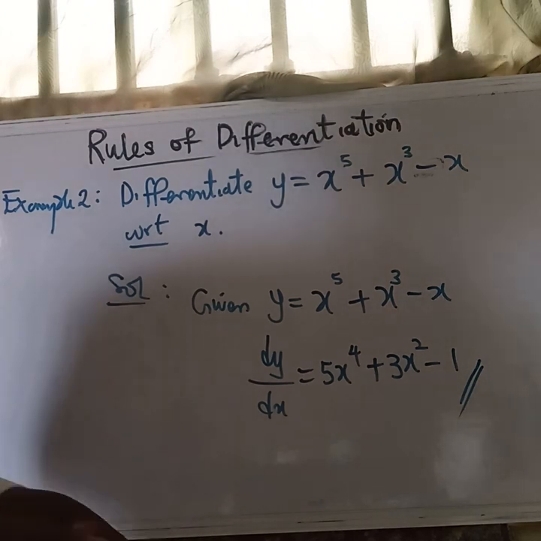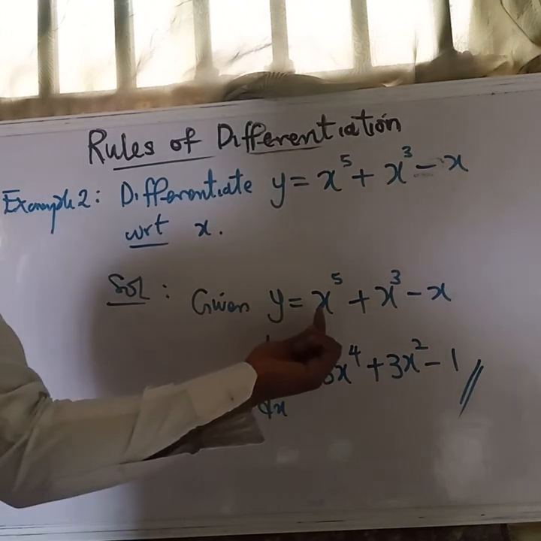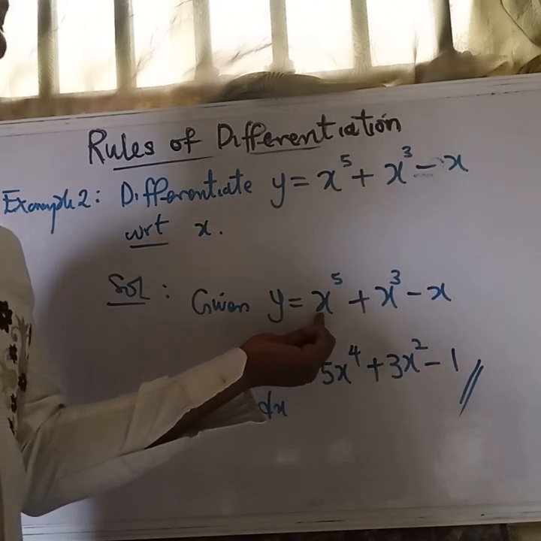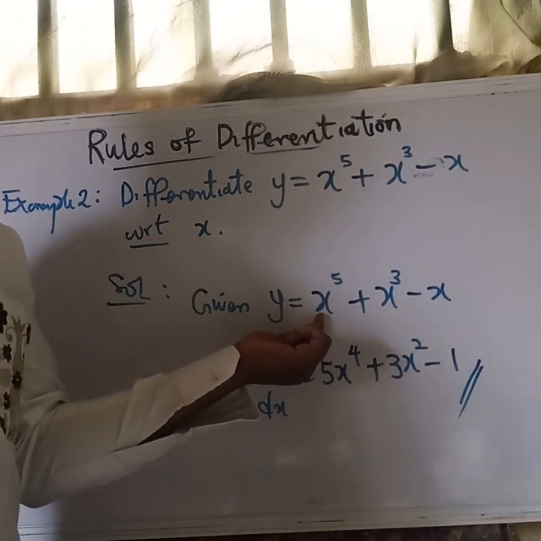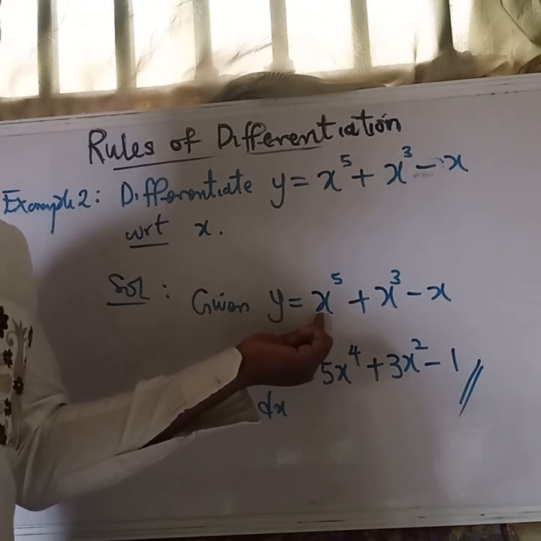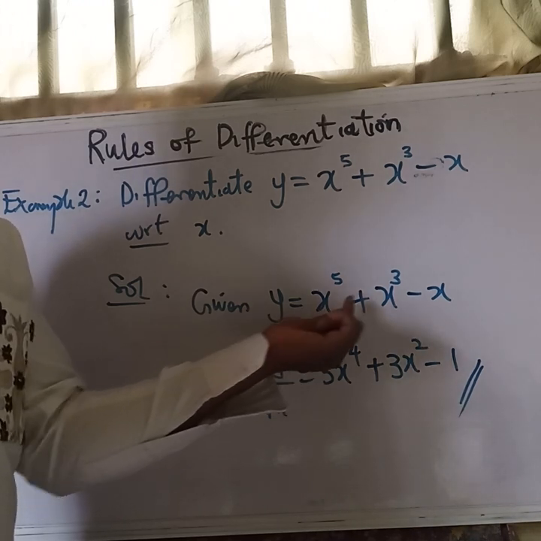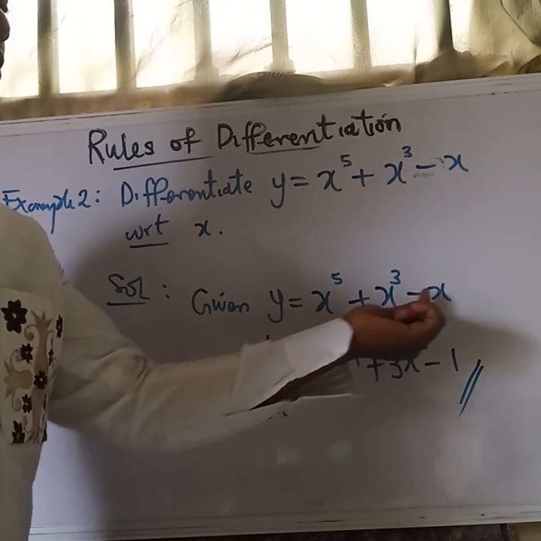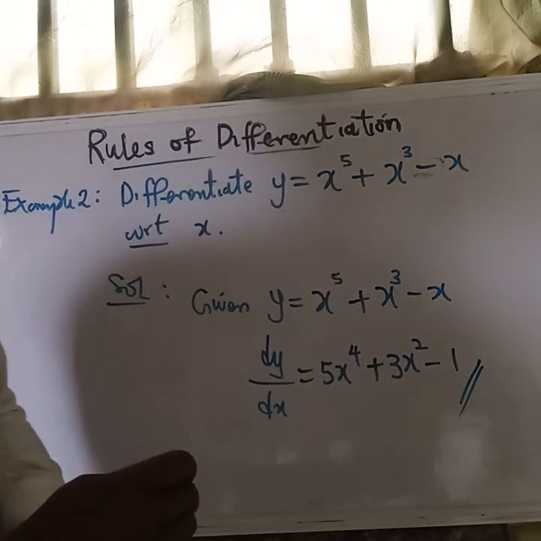This is so because we have said earlier that a quintic polynomial is a differentiable function, a cubic polynomial is also a differentiable function, while a linear function is also a differentiable function.